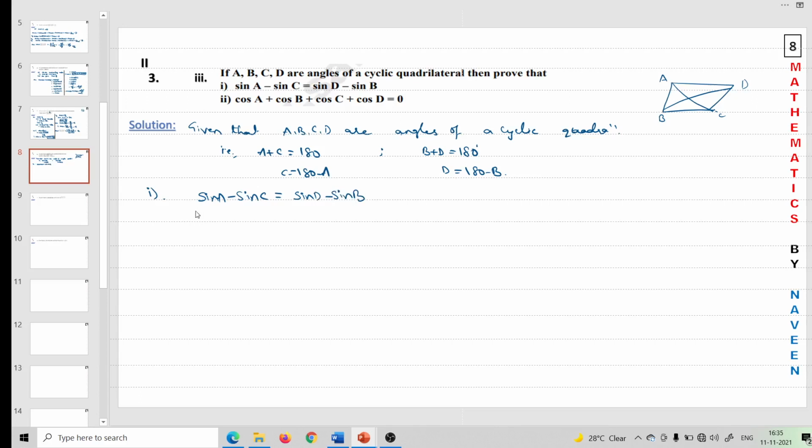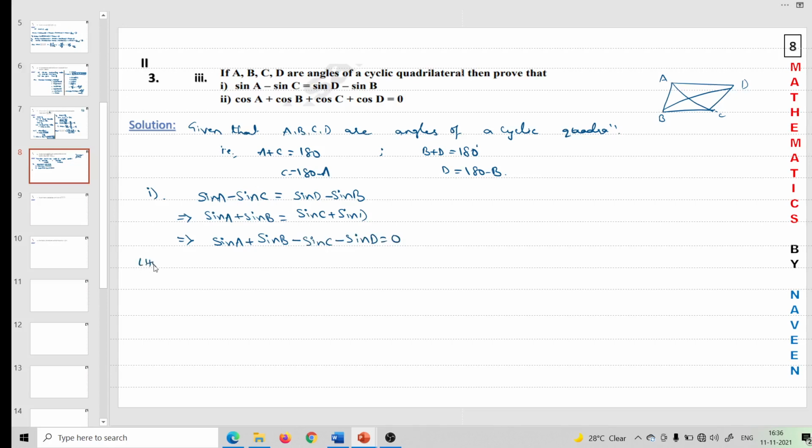So from this we can write it as sin A plus sin B is equal to sin C plus sin D. That implies sin A plus sin B as it is, minus sin C minus sin D is equal to 0. This one we have to prove, right?